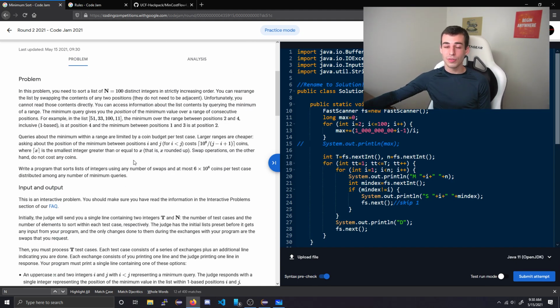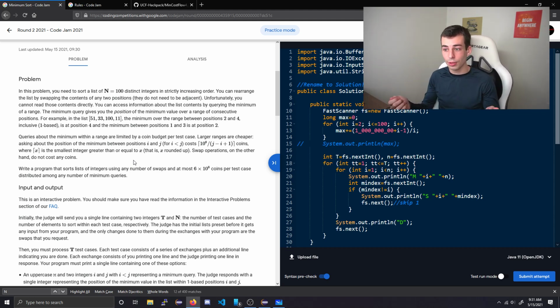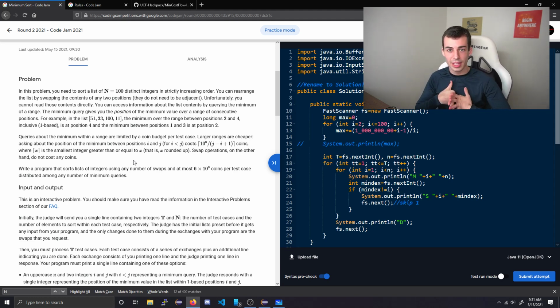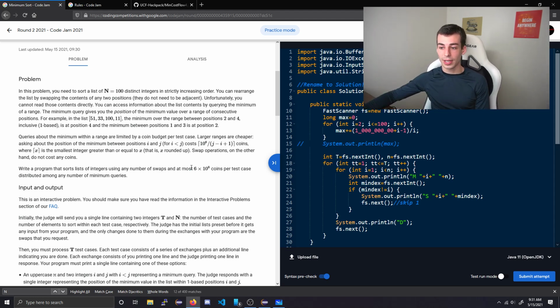Yeah, so the observation here is that the harmonic sum is n log n. So if you look at n plus n over 2 plus n over 3 plus n over 4 plus n over 5 plus n over 6, that sums up to like n log n. So if you add up each of those numbers, 10 to the 8 over 2 plus 10 to the 8 over 3 plus 10 to the 8 over 4, all the way up, then you'll get a total of about 4.5 times 10 to the 8, which is underneath this max cost.